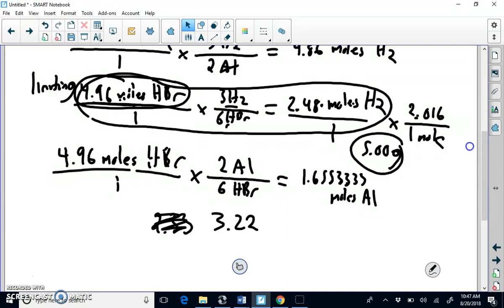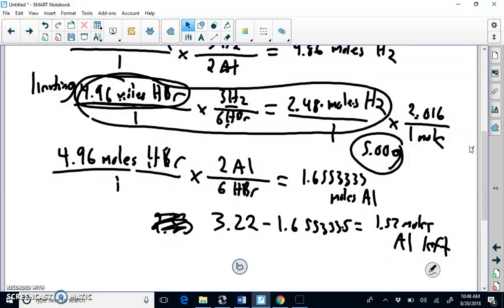To find out how many are left, we have to take the moles that we know are going to react and subtract. When we do that subtraction, we get 1.57 moles left of aluminum. If they ask for grams, you could obviously convert that to grams by multiplying by the molar mass of aluminum, which is 28 point something, but it doesn't ask for that. Or 26 point something.